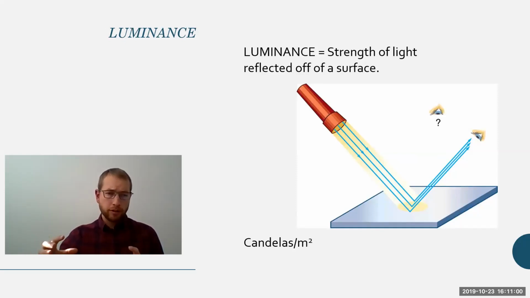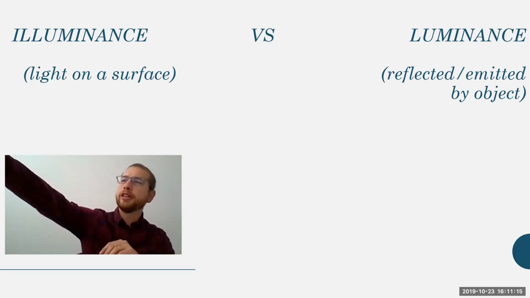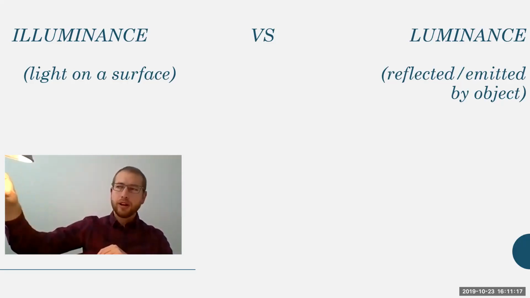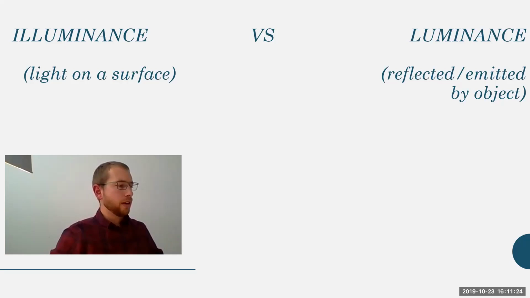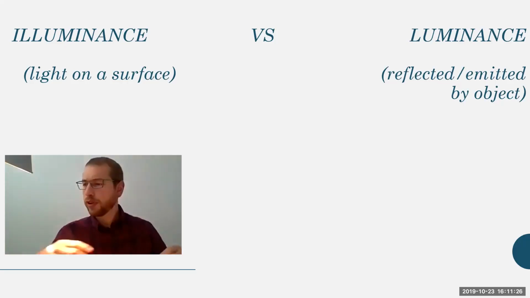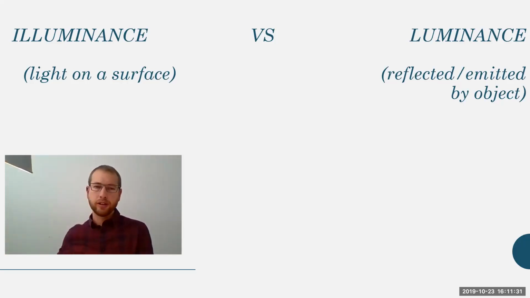So illuminance is great, the amount of light falling on a surface, but we're also concerned with the amount that is reflected off of a surface. To illustrate the difference, I'm going to turn on this lamp in here. All right. So I've just added a little bit of light to the room. Now things should be pretty set, and the camera should be focused on me, making sure that there's some color contrast.